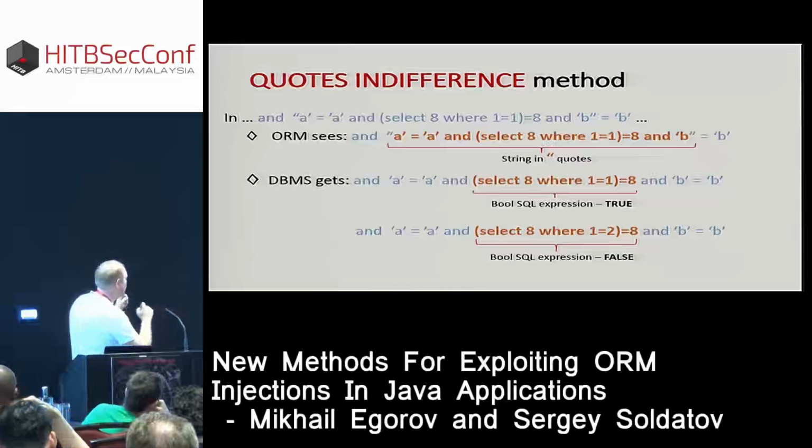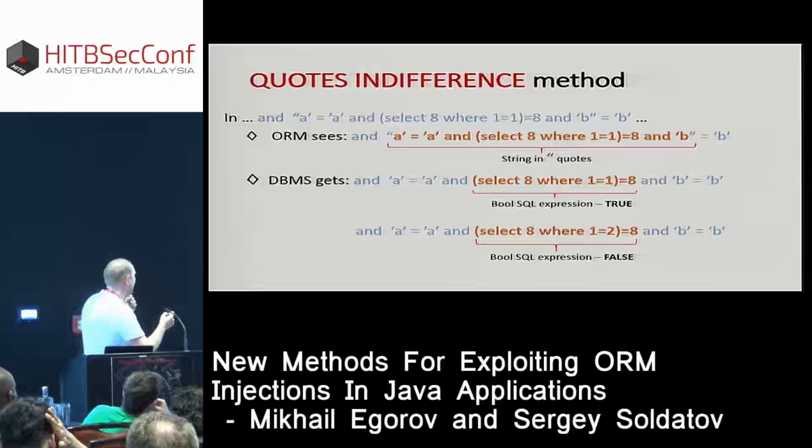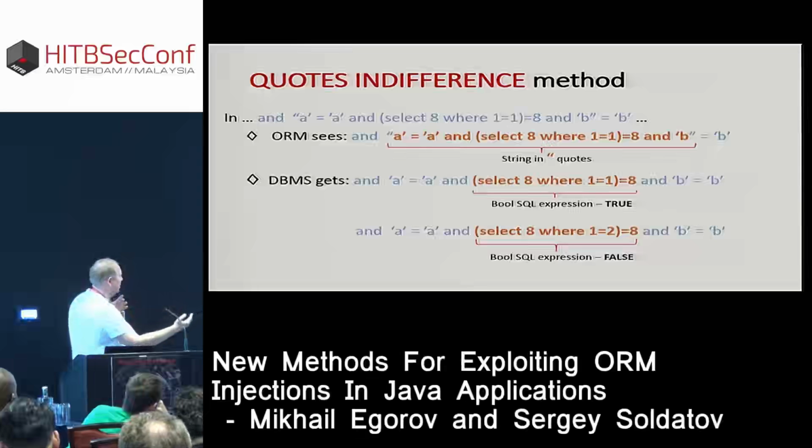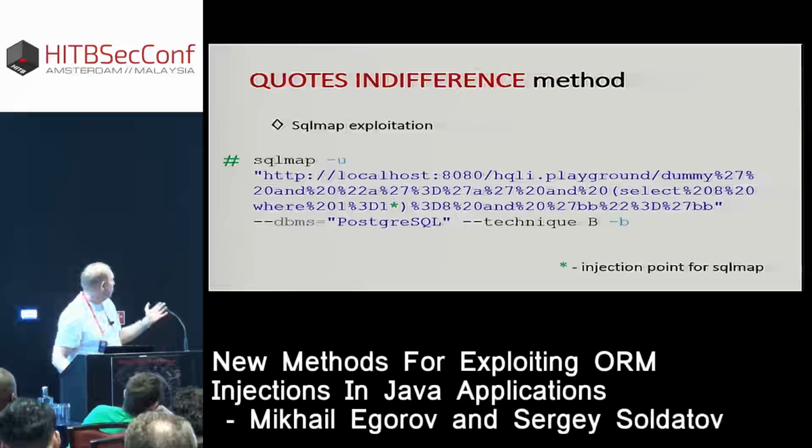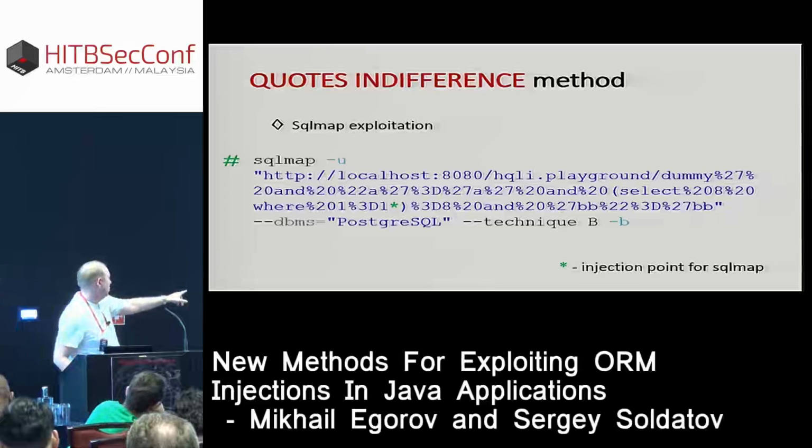But because of this quotes indifference feature, the database management system finally gets a comparison of A and a select statement compared with 8. So the meaning of this expression changed completely. Exploitation looks like this. And again, this technique works for every database management system. And here is an example for PostgreSQL, where the green asterisk is a custom injection point for sqlmap.